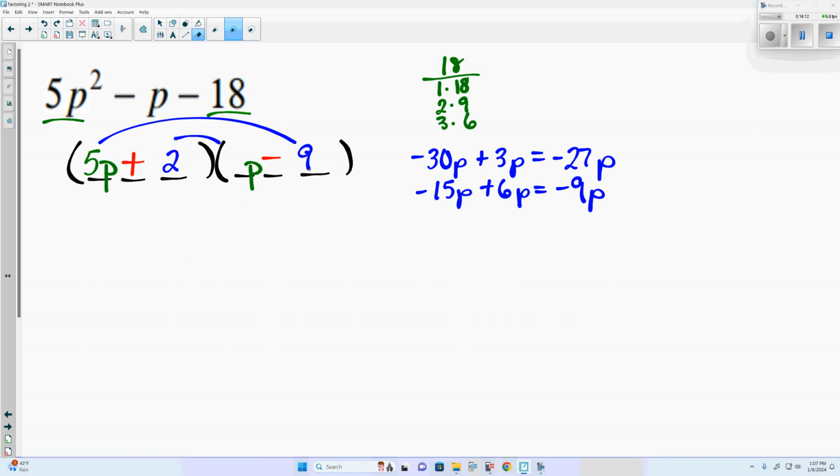5p times negative 9 is negative 45p. 2 times p is plus 2p, giving us negative 43p. But again, we can switch the 2 and 9 and try this again.